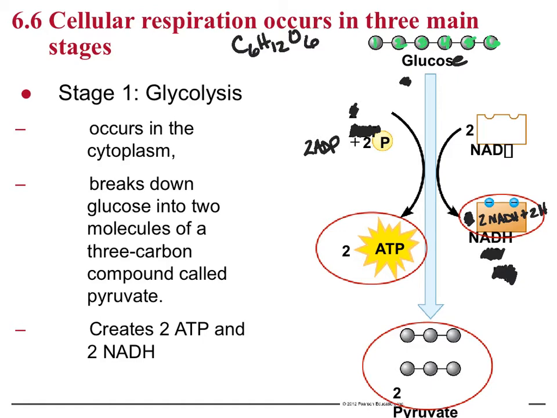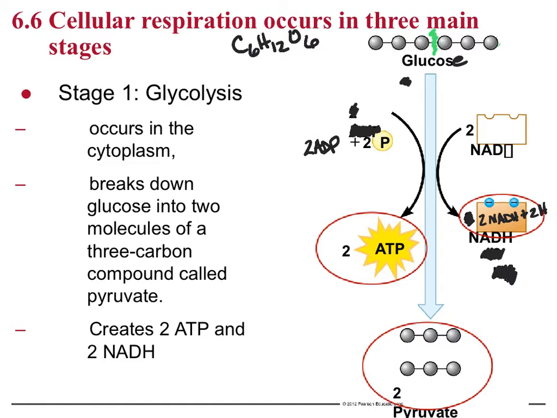So what's going to happen in glycolysis is that we're going to break this glucose molecule in half. That's what glycolysis means, right? Glucose splitting. So the first thing that's going to happen is, through this chemical reaction, we are going to split glucose into 2 separate 3-carbon molecules.